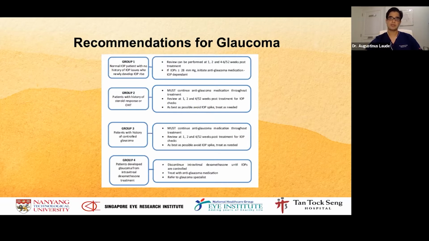If the pressures show signs of elevation, that needs to be managed aggressively. It's also good to involve your glaucoma colleagues in the management early on, in case we need more aggressive or additional treatments beyond topical anti-glaucomatous medications.